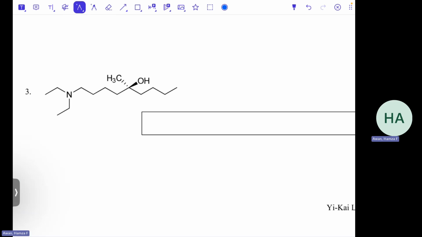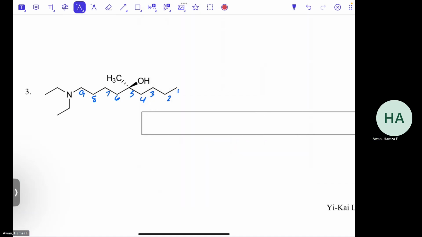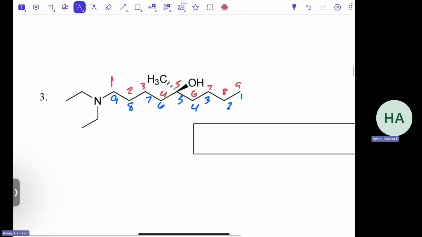So if we're going to start numbering, we could start numbering from two ways: 1, 2, 3, 4, 5, 6, 7, 8, and 9. And then we also can start numbering the opposite way, which is going to be 1, 2, 3, 4, 5, 6, 7, 8, and 9. So in both chains, we have the alcohol on the fifth carbon.